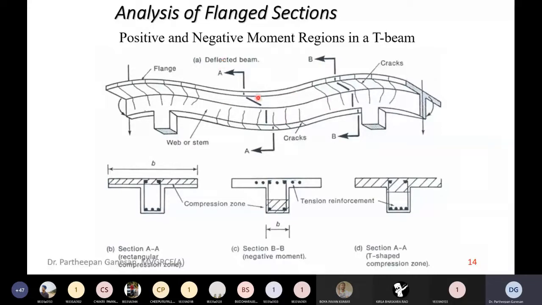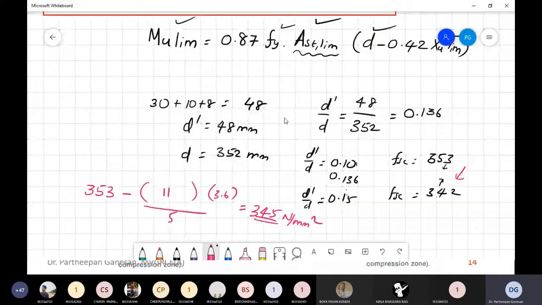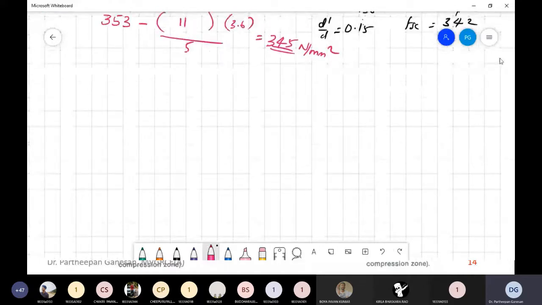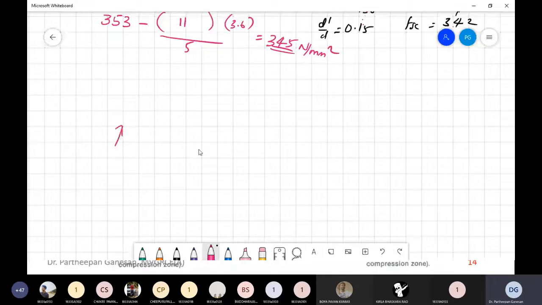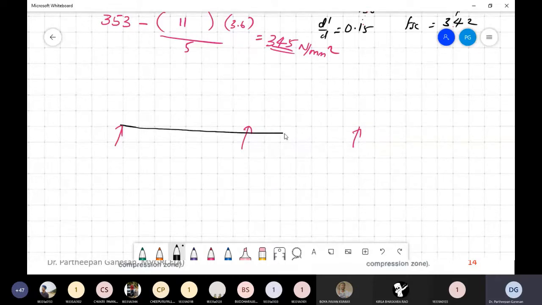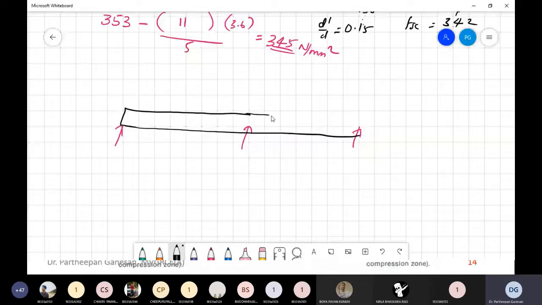Now, if you cut this section here, first I have to write, then you will understand. Let us say I have one support here, another support here, another support here, and I have a beam running here like this. Sorry, it is not straight, but similar to straight.